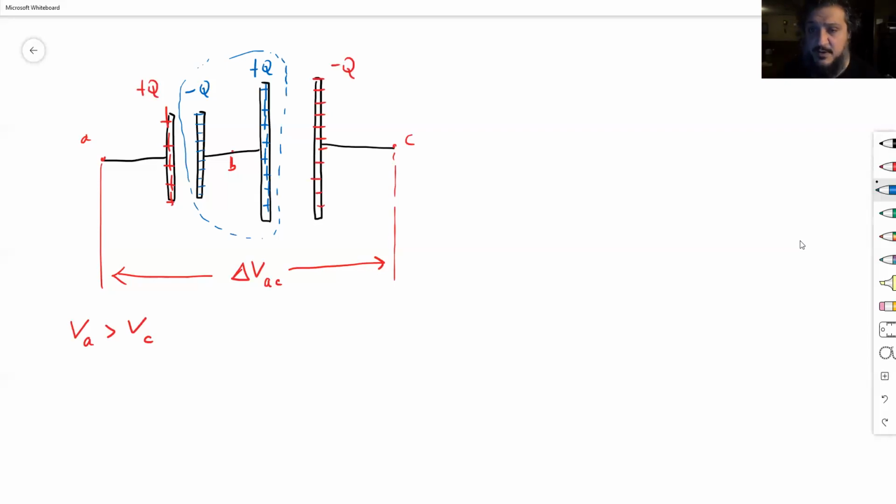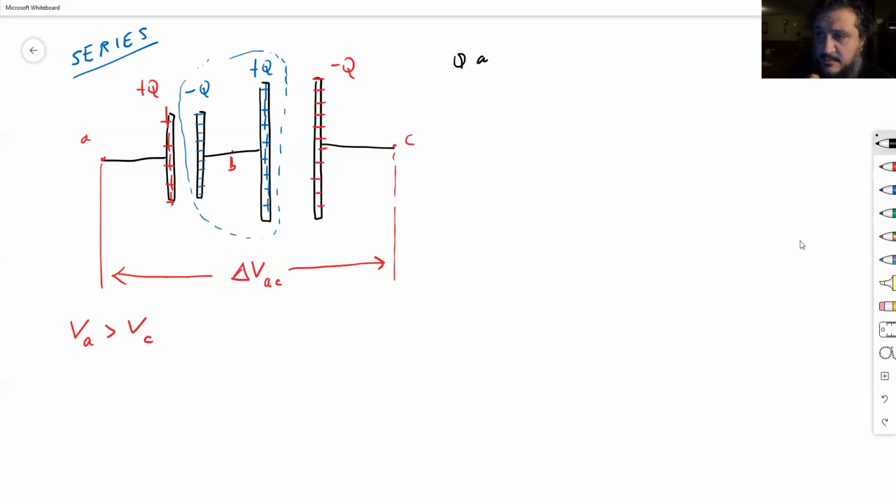That's a very important point. So we're going to call this a series connection. Two capacitors connected in series. This type of connection is called in series, and whenever you have this, there will be only one charge.